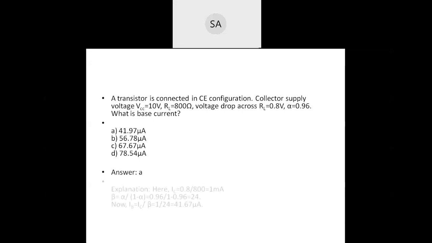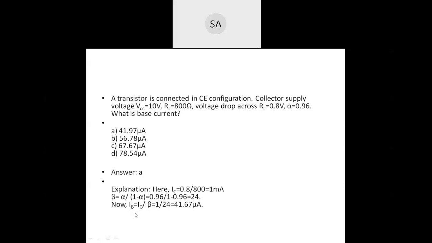So how are we getting this microamperes value? Let us have some explanation. Here IC, that is the output current, is equal to 0.8, the voltage drop across RL, divided by RL, that is I is equal to V by R. So we get IC is equal to 1 milliampere. Beta for common emitter is alpha by 1 minus alpha, 0.96 by 0.04, you will get 24.